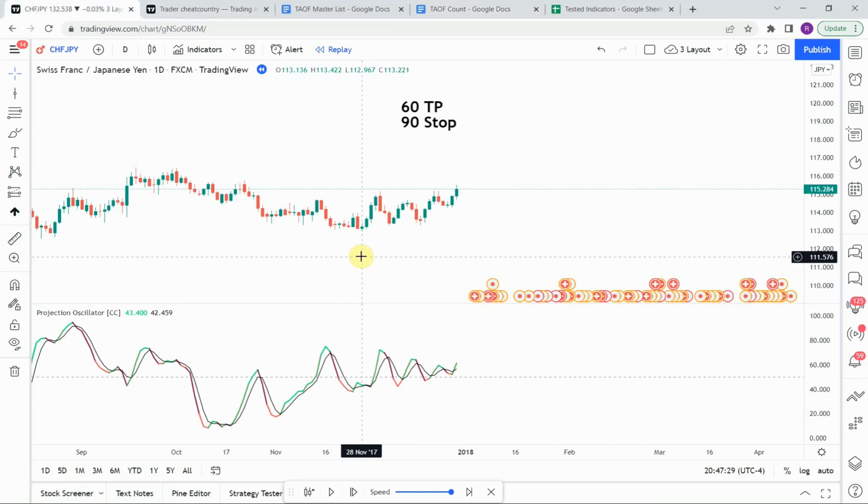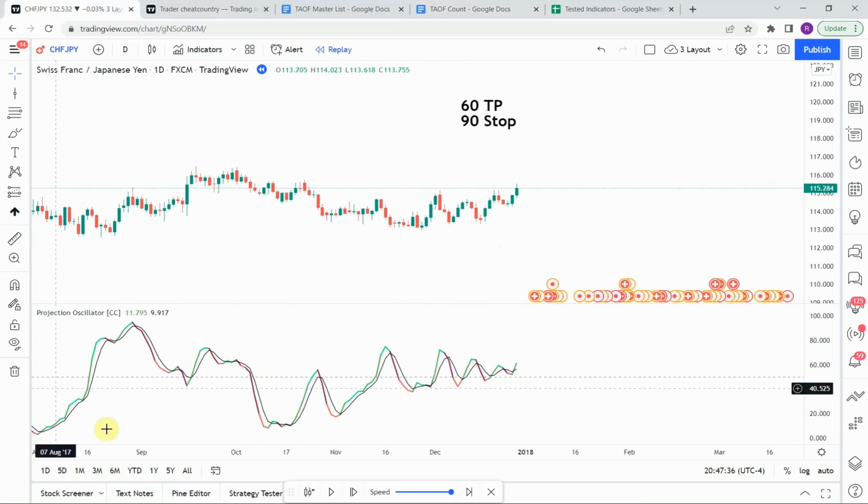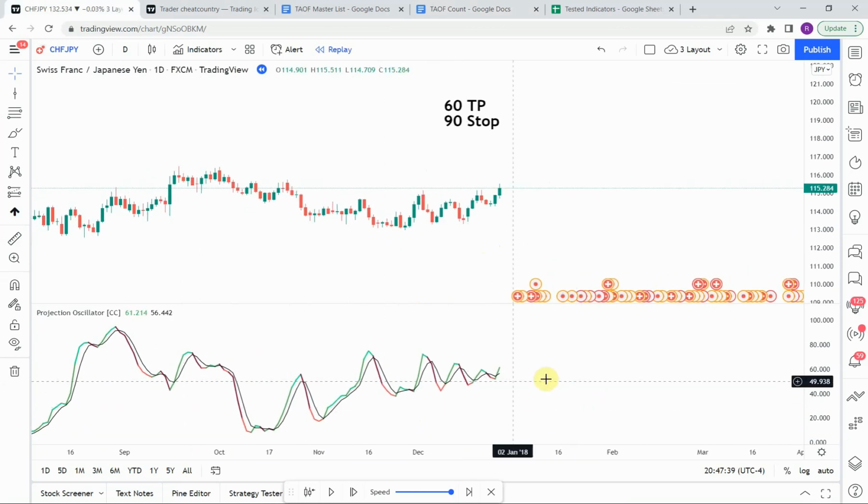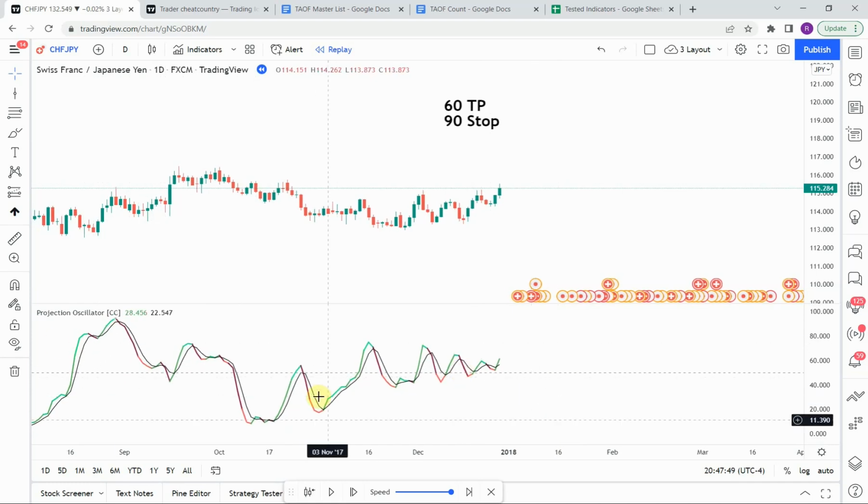Alright, so today's indicator is the projection oscillator, and you can see it here on screen. Basically we have the oscillating line here. We have a zero line also there in the middle, a dashed line. And then we have a signal line, the black line that's running with the oscillating line. Now the oscillating line is also turning different colors. This is a cheat country indicator as well, as we've been testing quite a few of his recently, just going through his indicator list to see if there's any that we haven't tested already.